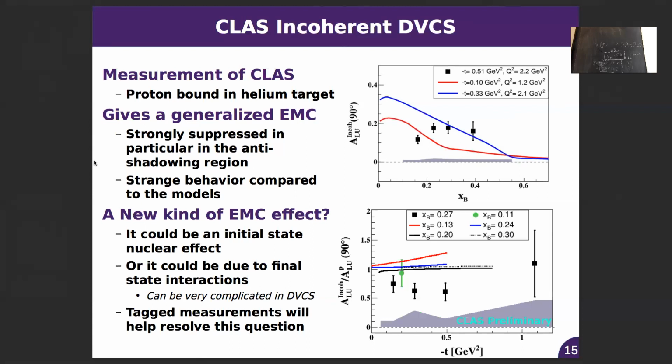Maybe it's because it's around x of 0.2, where the inclusive EMC effect is small, and they just use inclusive data as a constraint to give you a small effect. But the data is telling you that even around 0.2, the EMC effect is very strong. Nobody knows what this is, but the data point is at 0.27 average Bjorken x.